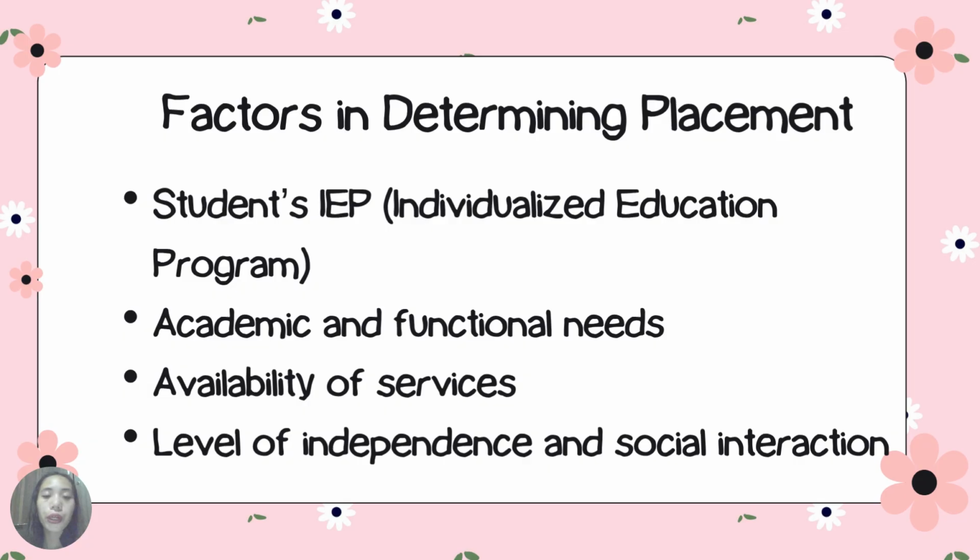This is an important factor in placement because students should be placed where their educational and support needs can be properly met. Okay, the last one is level of independence and social interaction. This could help to determine how well a student can function and build relationships in different learning environments. So that's all of my report.